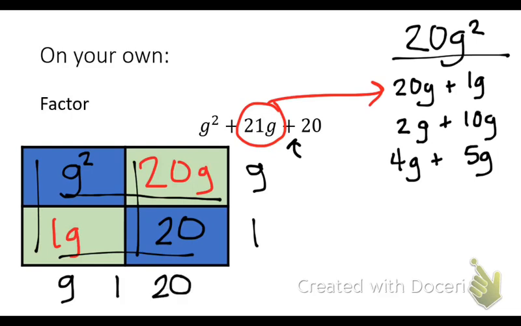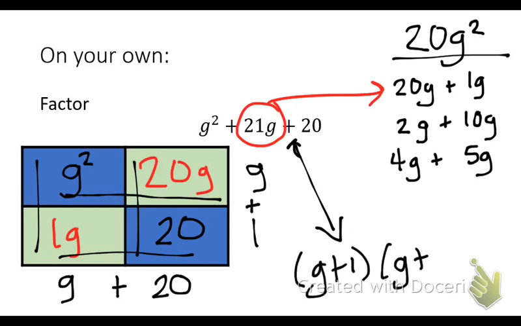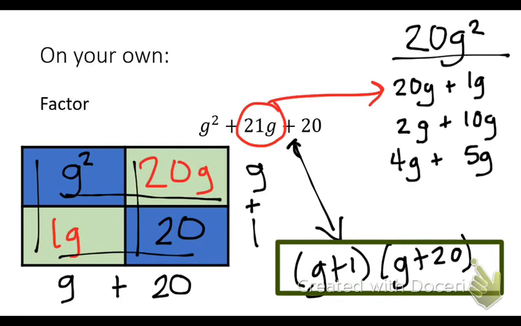So 20 was positive and 1 was positive. So that gives me my final answer of g plus 1 and g plus 20. As long as those two binomials are together, we're good. We just don't want them separated.